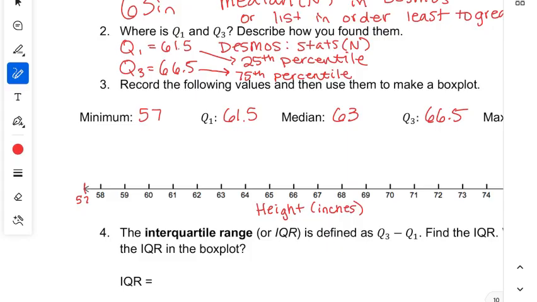And we need to title this, or label it, I should say. So put a dot at the 57. We want to go above the x-axis, so that's why I put the dot up. And then we'll put lines at Q1, median, and Q3.